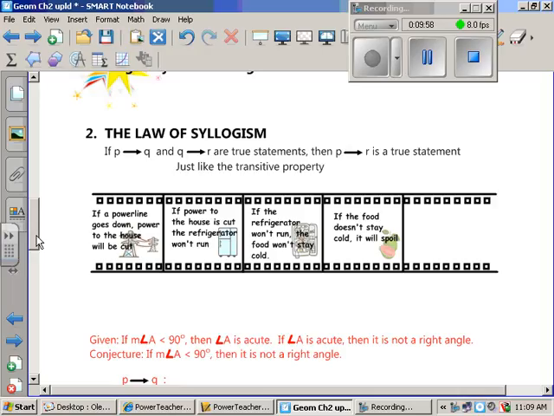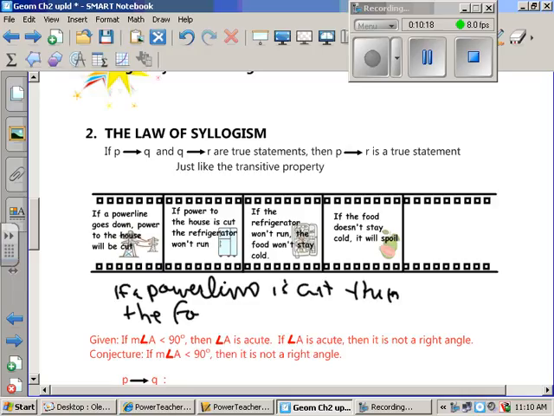So my final conclusion would be if a power line is cut, then the food will spoil. My writing is just terrible there. Then the food will spoil. Does that make sense? The very first thing and the very last thing.